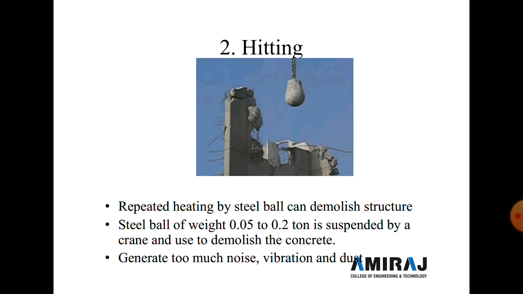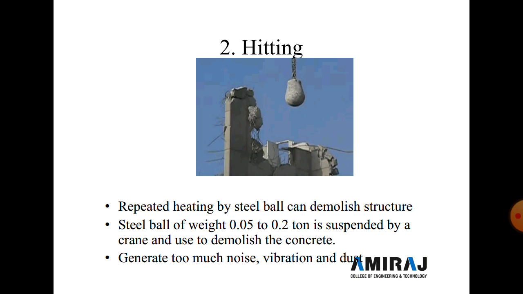Now the next type of method is heating. Here repeated hitting by a steel ball can demolish the structure. See this photograph: one steel ball is there, and by hitting with the steel ball we destroy the structure.